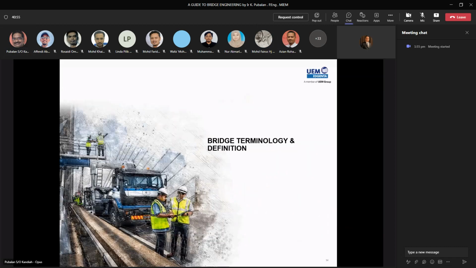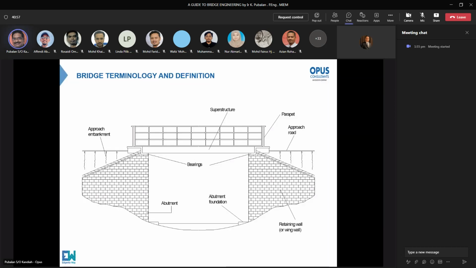Now we go to bridge terminology. All right, this is the general bridge terminology. So you have abutment foundation. Abutment foundation is under substructure. I forgot to write the substructure here.